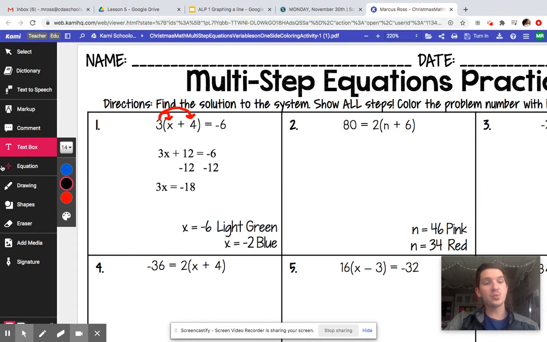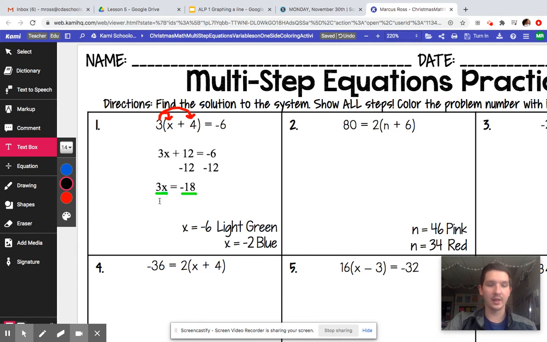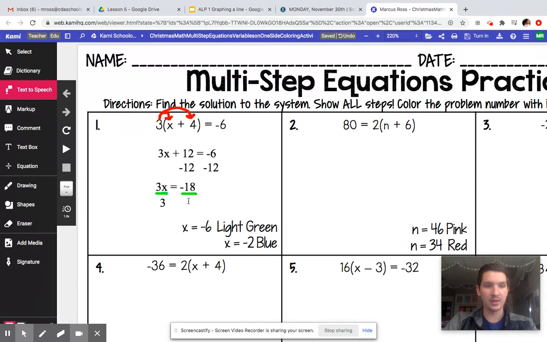And then our step 3, our final step, is to get this variable right here isolated. And in order to do that, we have to ask ourselves, what is the opposite of 3 times x? What's that inverse operation? That inverse operation would be to divide. The opposite of multiplying is to divide everything by 3.